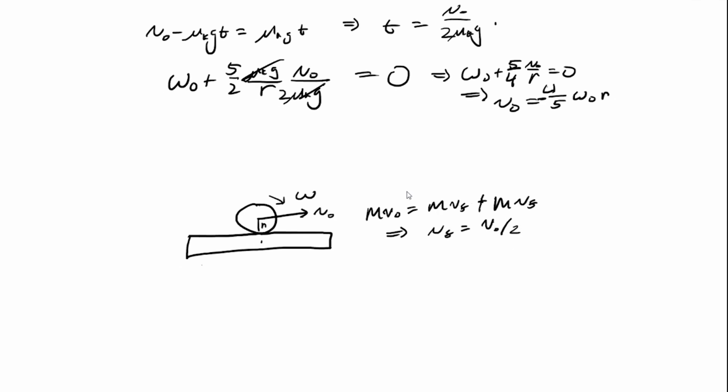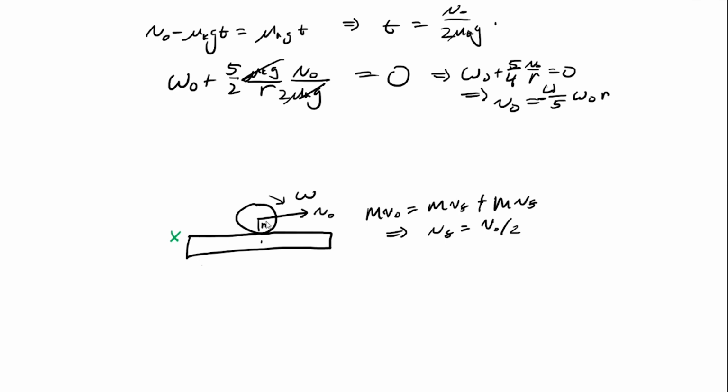Now we apply conservation of angular momentum, and first we're going to only consider the angular momentum of the ball, and I'll show you a way that it's conserved, because you might be like, oh, there's a net torque, it can't be conserved, but if we choose the right axis, then it will be conserved. So let's choose this axis right here as parallel with the top of the board.